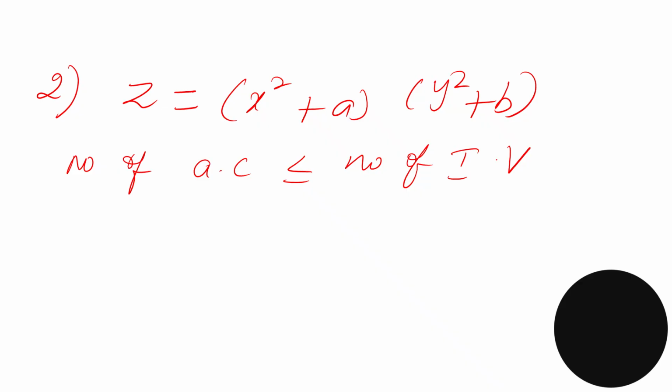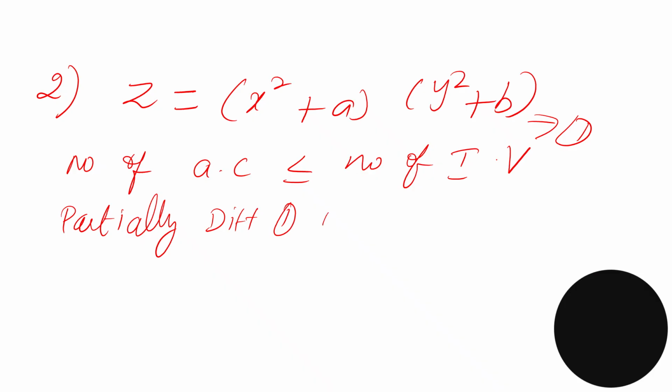Therefore we use the p and q method. So first, partially differentiate equation 1 with respect to x and y.